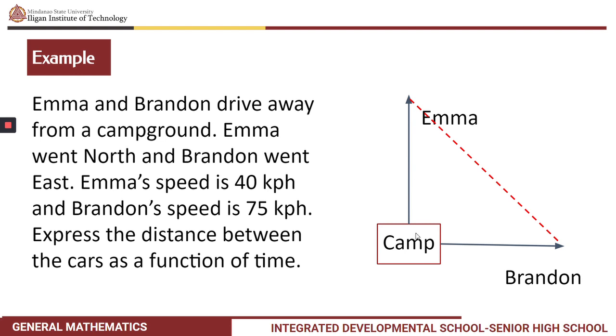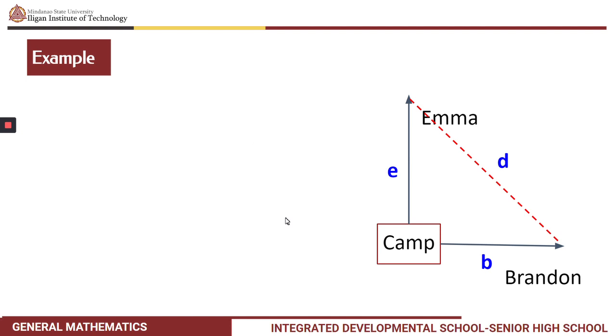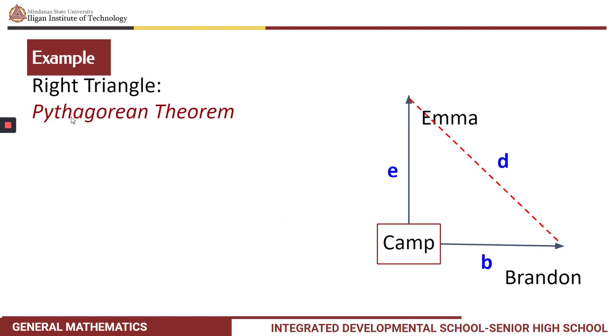You were able to make a right triangle. So, when we say right triangle, anong nasa isip natin? Pythagorean theorem. I hope that everyone is familiar with the Pythagorean theorem.